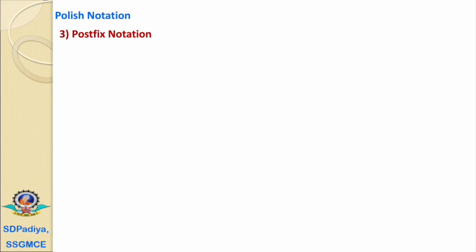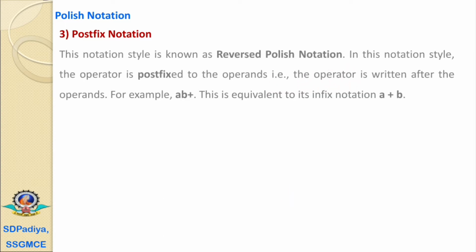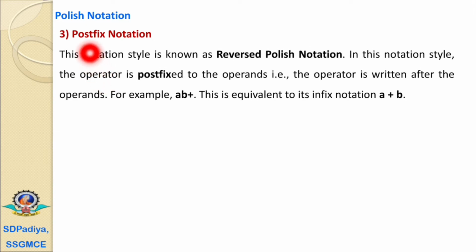The third style to write down an expression is the postfix notation. The meaning of post, we know, is after. This notation style is known as the reverse Polish notation because it is exactly the reverse of the prefix, and the prefix is also called the Polish notation.